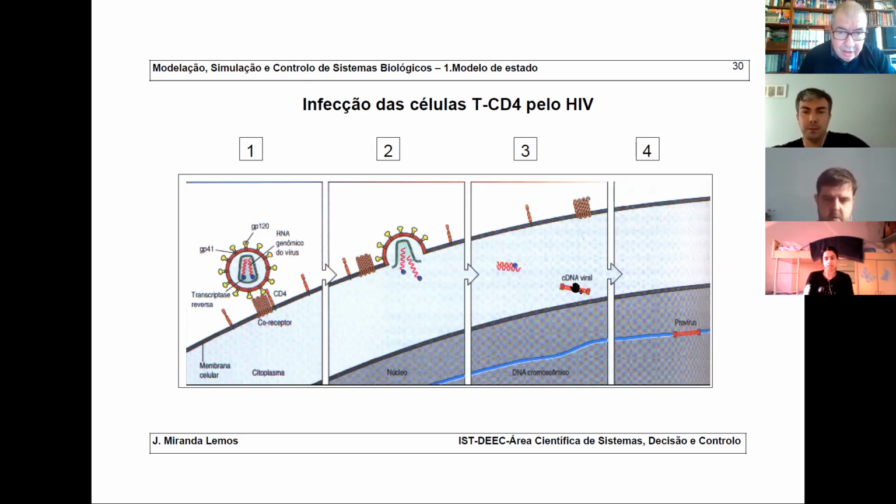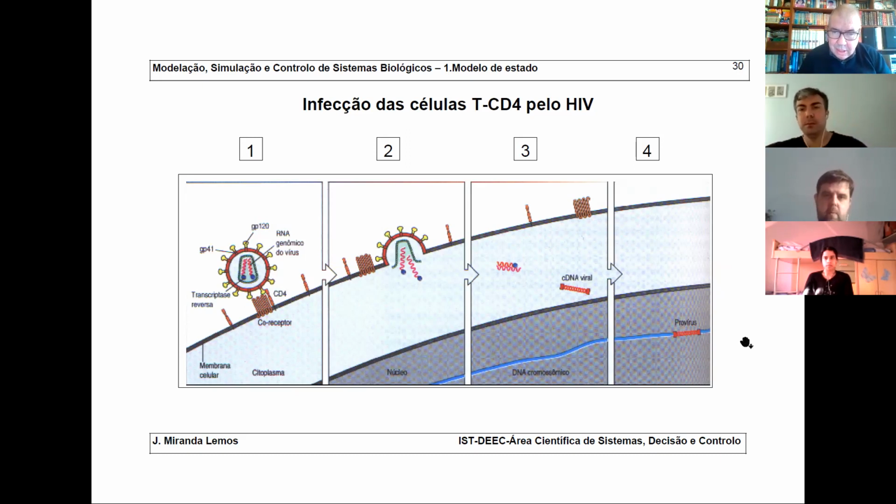And then you have a chain of DNA, and with the integrase, you insert this chain into the DNA of the cell.